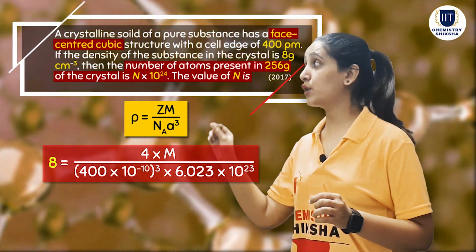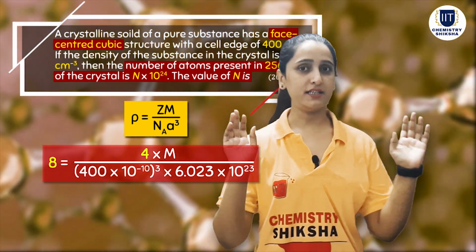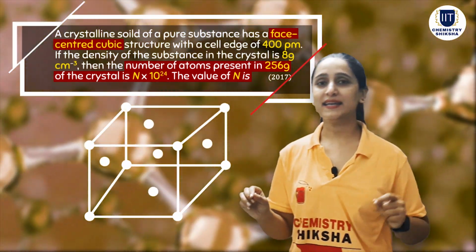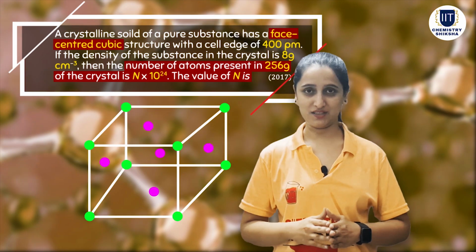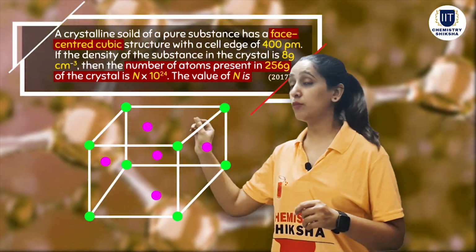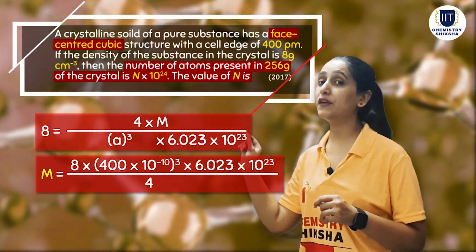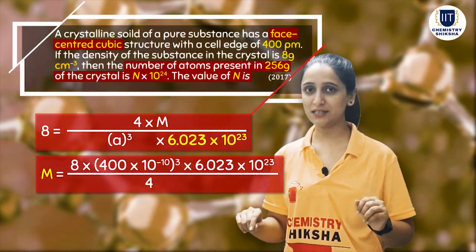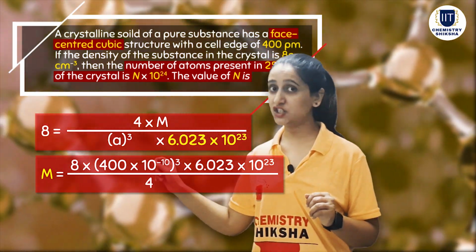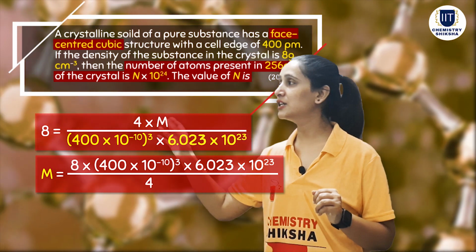Value of Z for a face-centered cubic crystal is 4, which we already know. Why? Because particles are present at the corners and in the face-centered positions. Value of molecular mass, which we have to calculate. Value of Avogadro's number is 6.023 into 10 to the power 23. And value of the edge length is 400 into 10 to the power minus 10 centimeter cube.